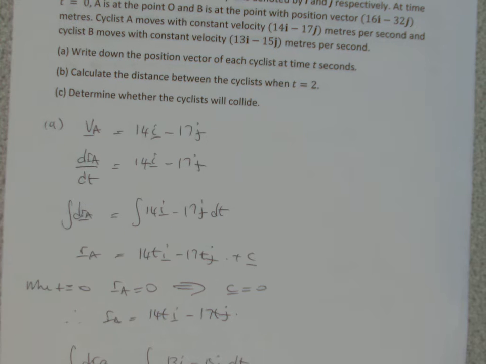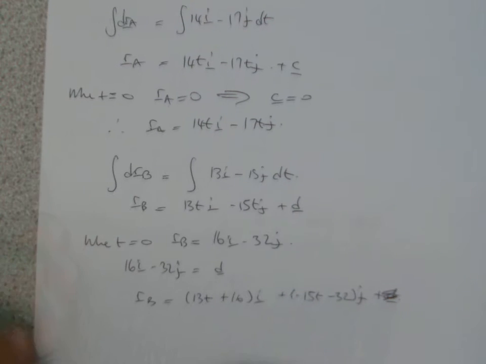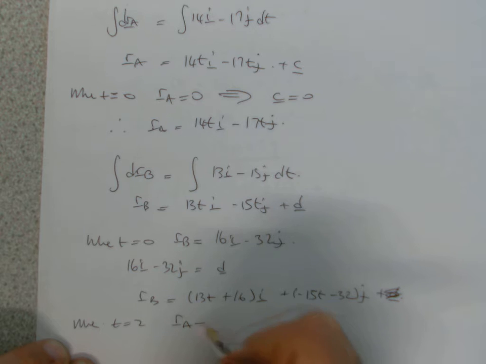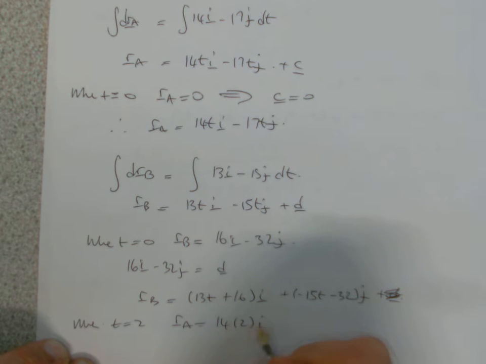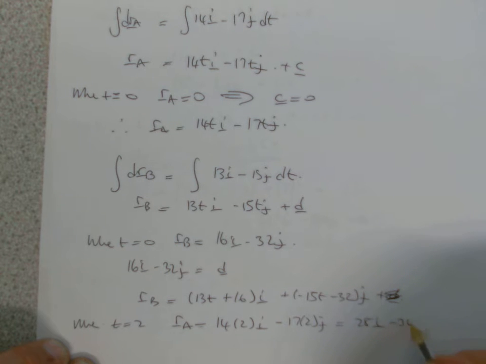Well, I've done that. Calculate the distance between the cyclists when t equals 2. So all I've got to do when t equals 2 is work out RA. RA would equal 14 times 2i minus 17 times 2j, so that would be 28i minus 34j.